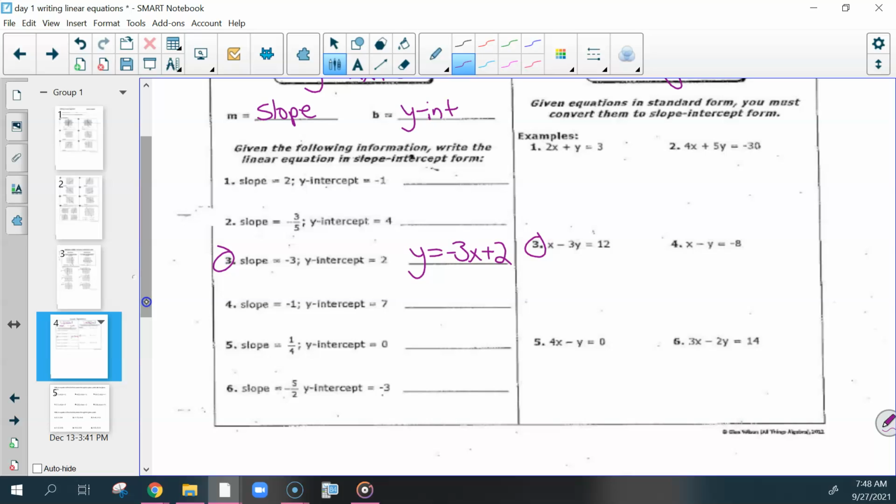For this one, number 2, we need to get rid of the x term, so subtract it to the other side since it's positive. I'm going to go ahead and switch these so it's in mx plus b form. This b is negative, but that's okay.